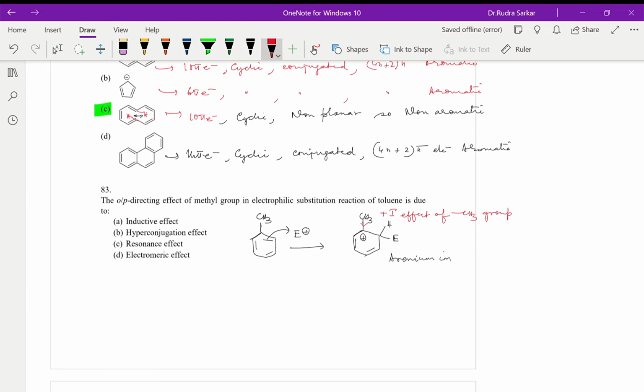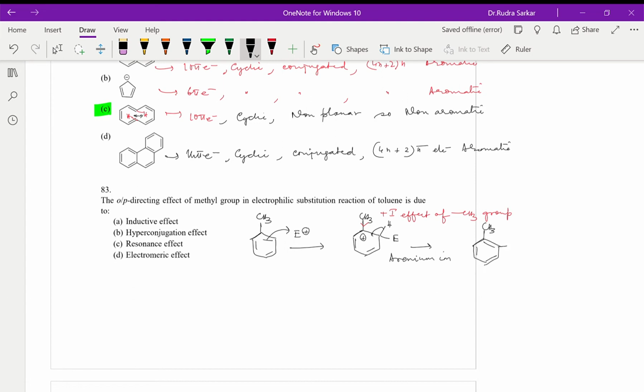So over here our answer is going to be that the rate determining step is being controlled by the inductive effect, which operates through a sigma bond. Then subsequently the hydrogen is lost, and over here one can say this will be the product formed.